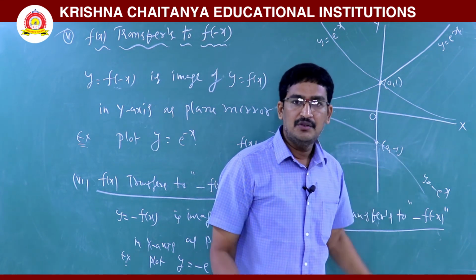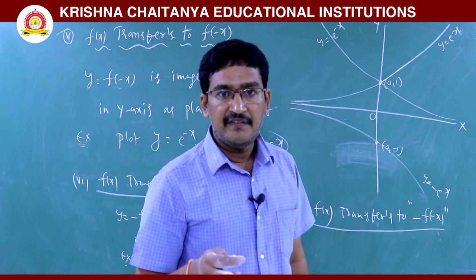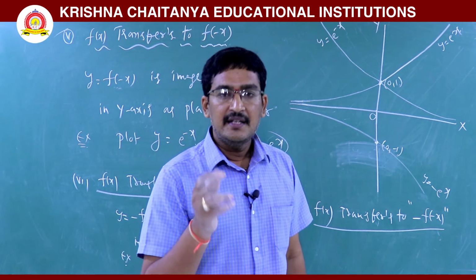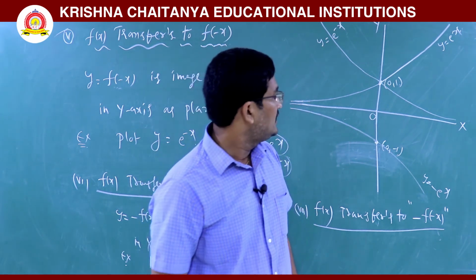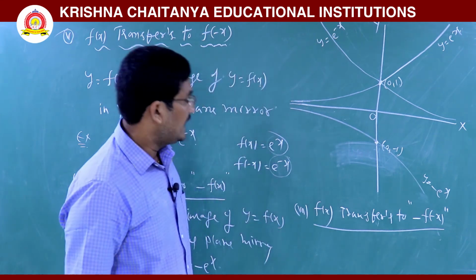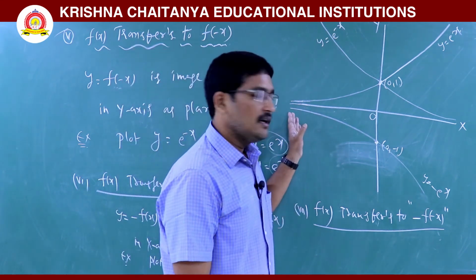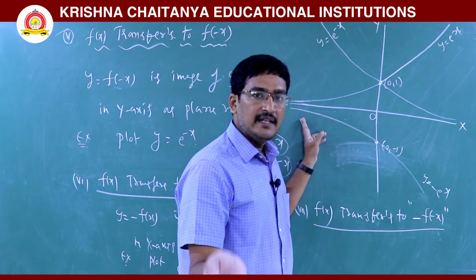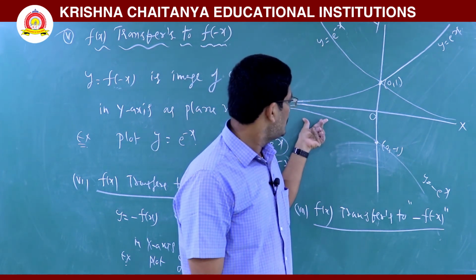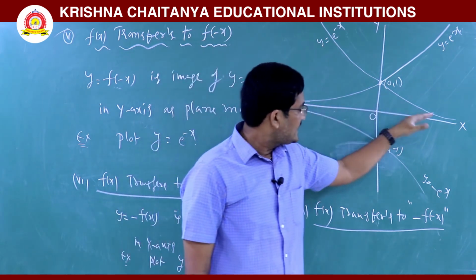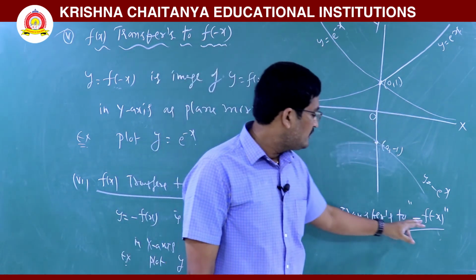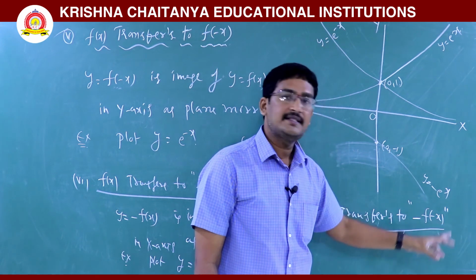Then you have to take the image of f of minus x in x-axis as a plane mirror. Then you will get the curve minus f of minus x.